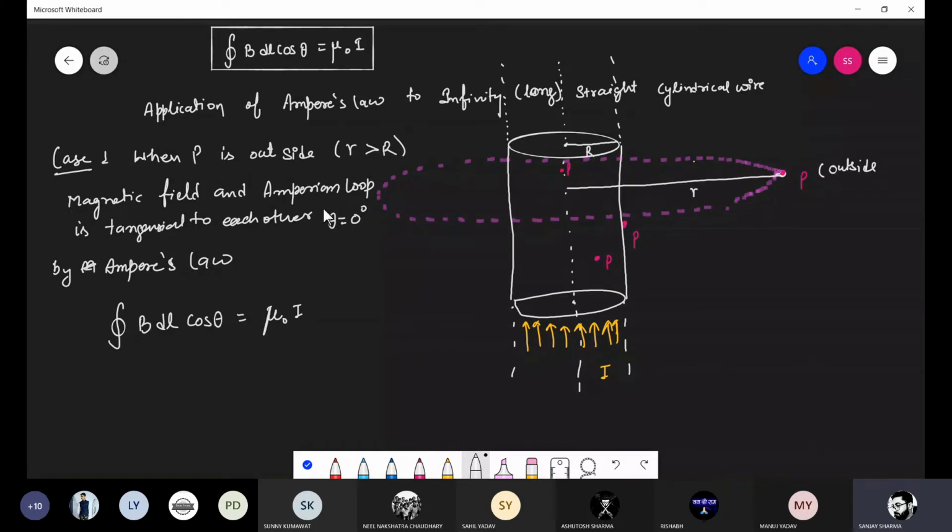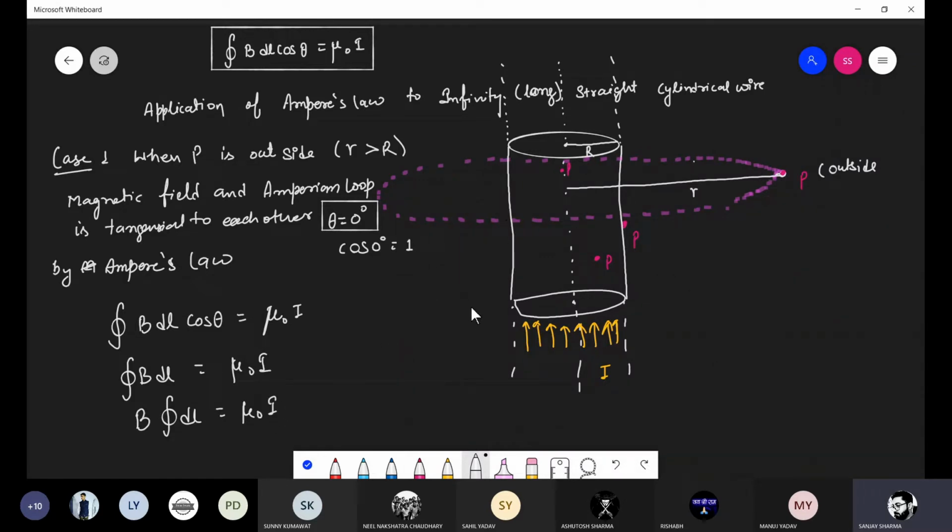So here as the angle is 0 degree, cos 0 degree is equal to 1. So B closed integration of dl is equal to mu naught I, and B is constant over here.